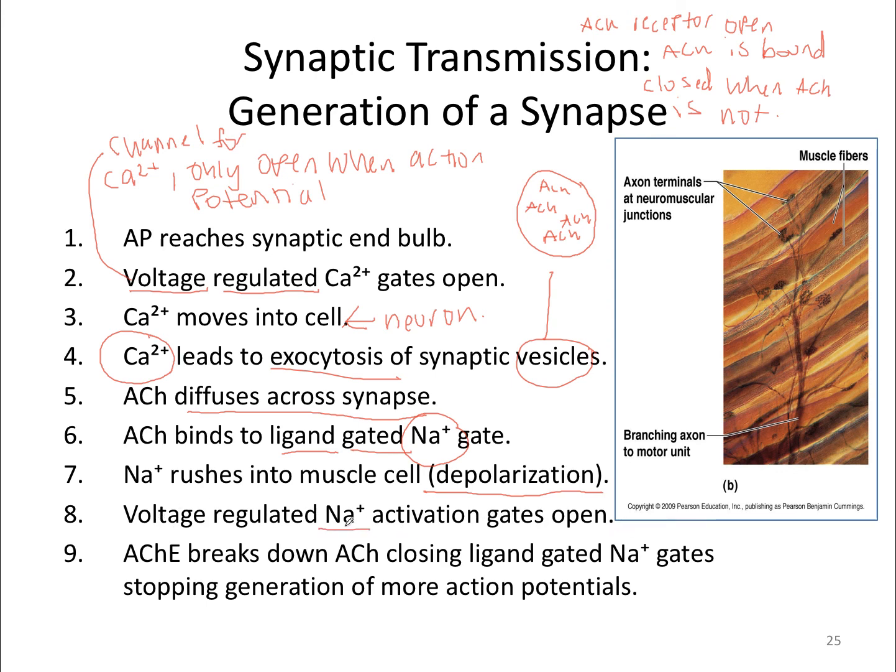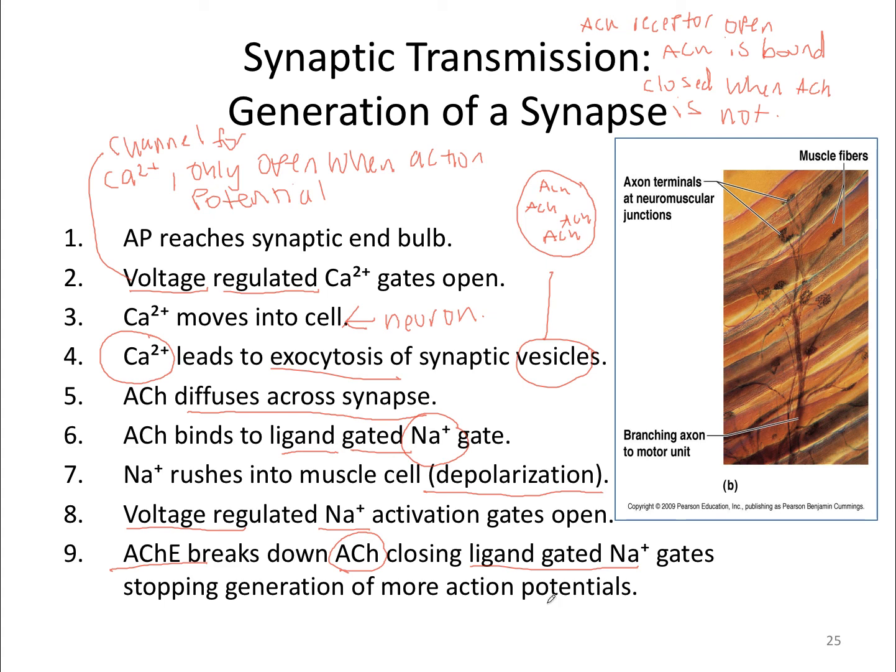So these are sodium channels that are activated by an action potential or a local depolarization. Once you want to stop contracting, acetylcholinesterase breaks down acetylcholine, and that closes the chemically or ligand-gated sodium channels, and that stops the generation of more action potentials in the sarcolemma.